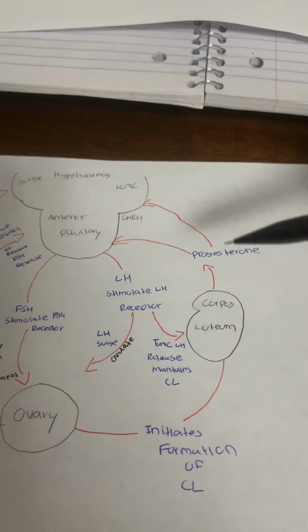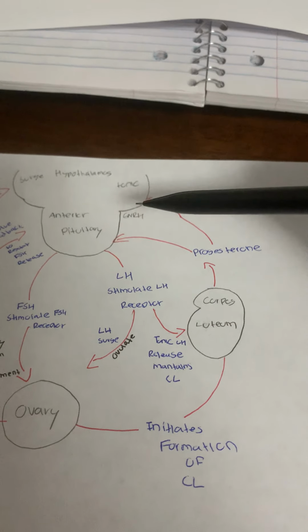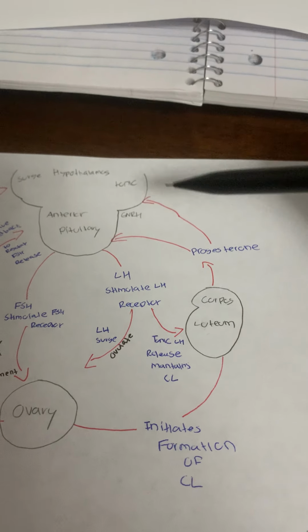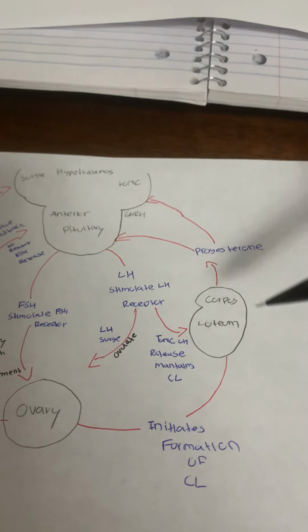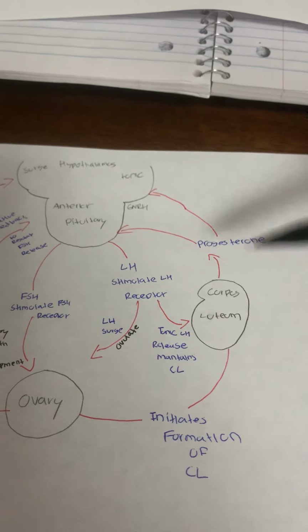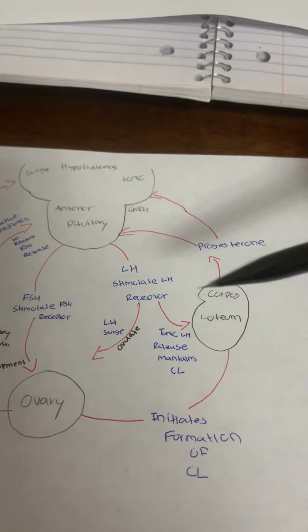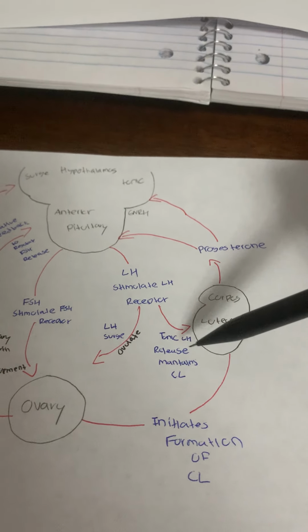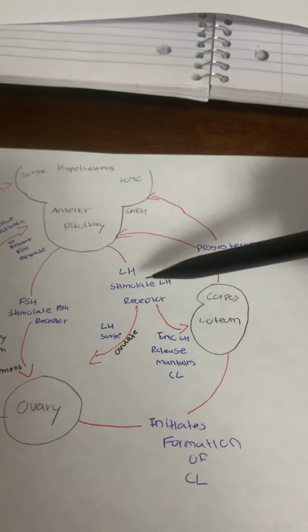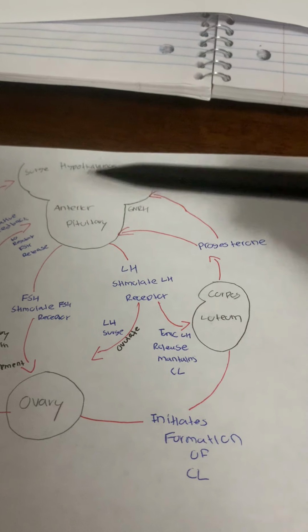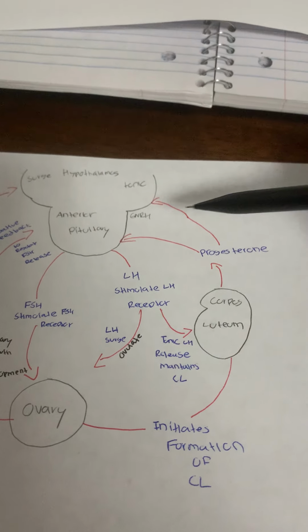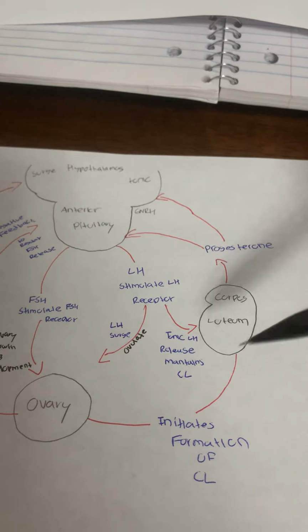If we have another surge from our GnRH, we're going to initiate the formation of this. But if we have a tonic release of GnRH, we're going to have a tonic release of our LH, which in turn maintains our corpus luteum. So it's just going to keep this formation.